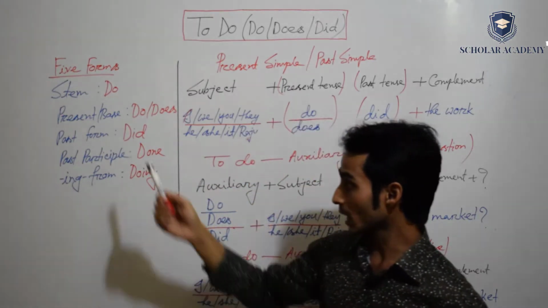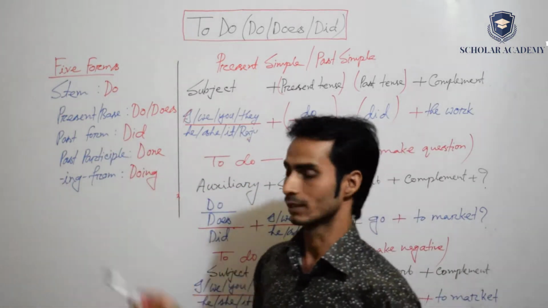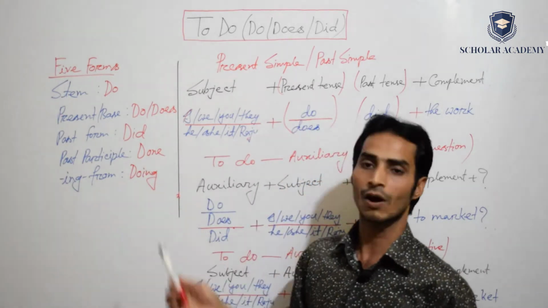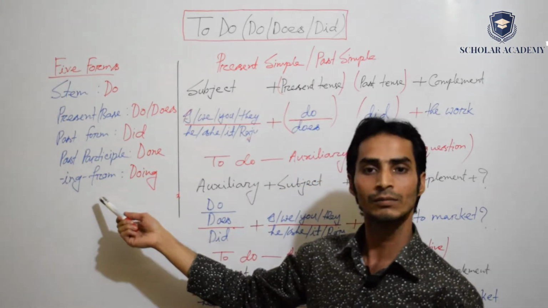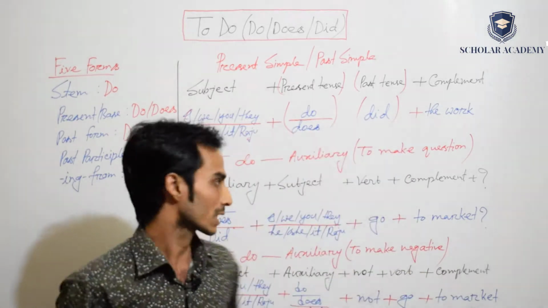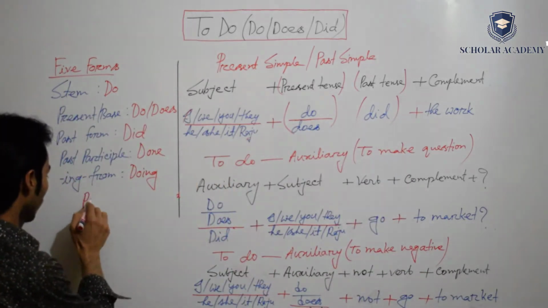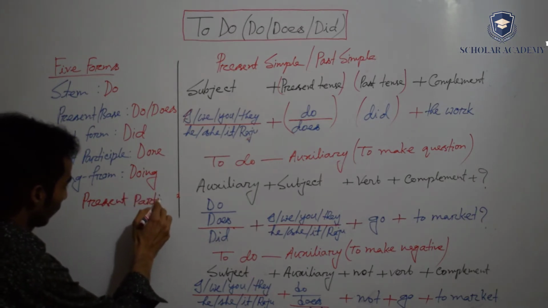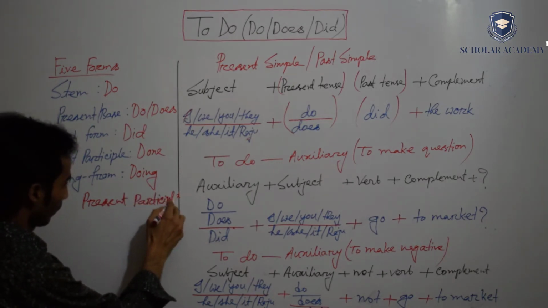The past form of do is did, the past participle form of do is done, and the ing form of do is doing. It is also called present participle.